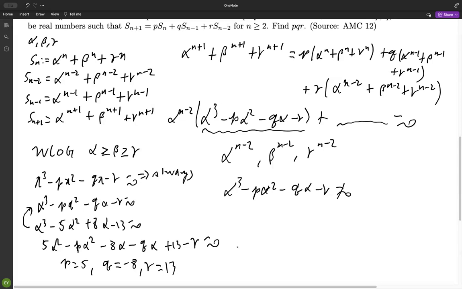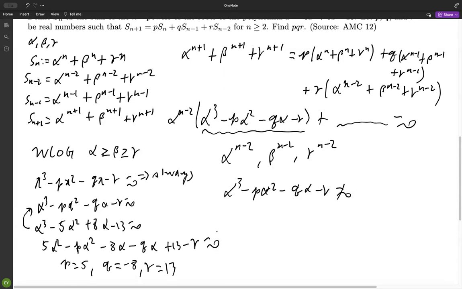But even though those cases might exist, that will not be true for beta and gamma. However, we want all of them to be true. If we substitute alpha, beta, and gamma here, we want them to be equal to 0. And the only possible case for that is when p equals 5, q equals -8, and r equals 13. So we need to find p times q times r. Simply multiplying, we get pqr equals -520.